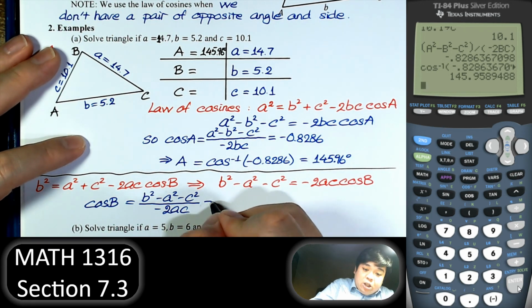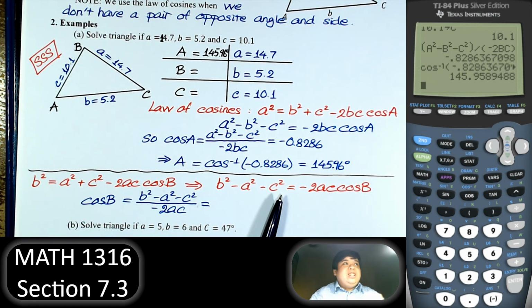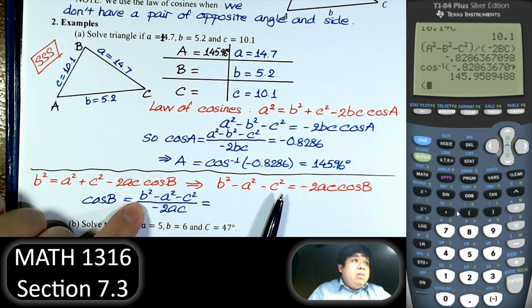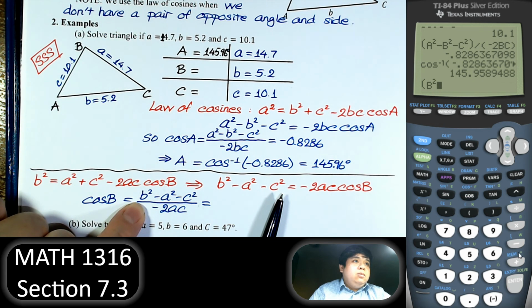The good thing here is we already entered a, b, c, so we just need to enter this: b squared minus a squared minus c squared, divided by negative 2ac.